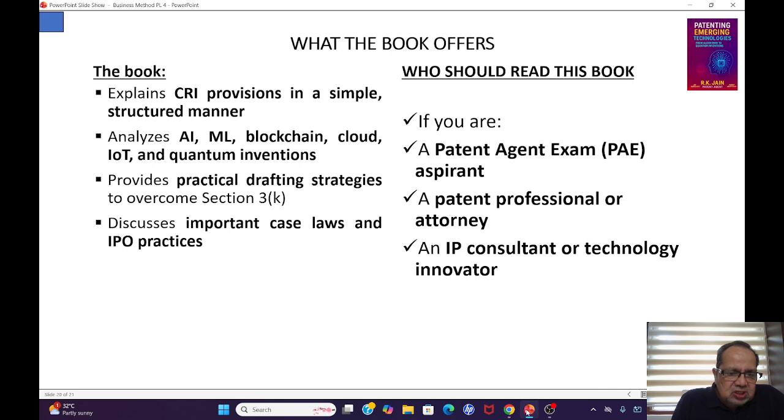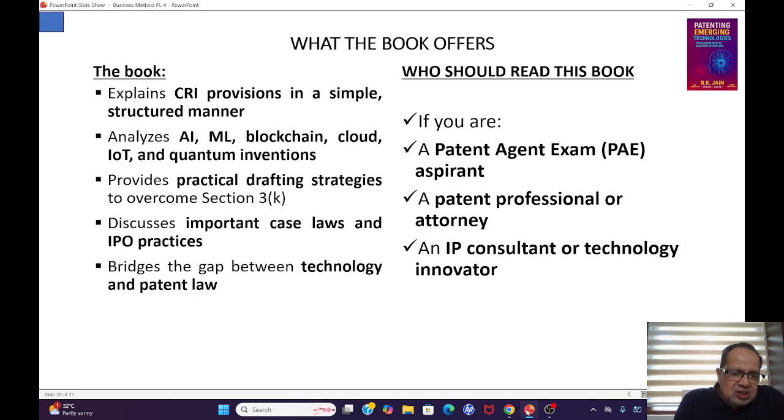Further, important case laws and IPO practices have also been discussed in this book. So with the help of CRI provisions explanation, analysis of new emerging technologies, practical drafting strategies and case laws, this book helps you bridge the gap between the technology and the patent law, primarily the requirements of the patent office presently.